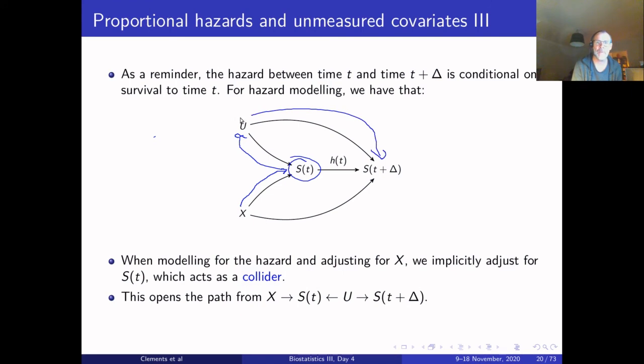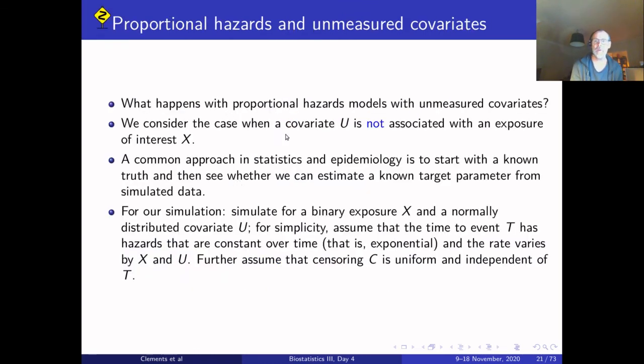And unless we can actually close the path by modeling for everything that's associated with survival, which will be very difficult in practice, then we will not be able to get a causal estimator. And I should emphasize that this is generally true for the Cox model, but it won't be true for other models, including Aalen's additive hazards model.